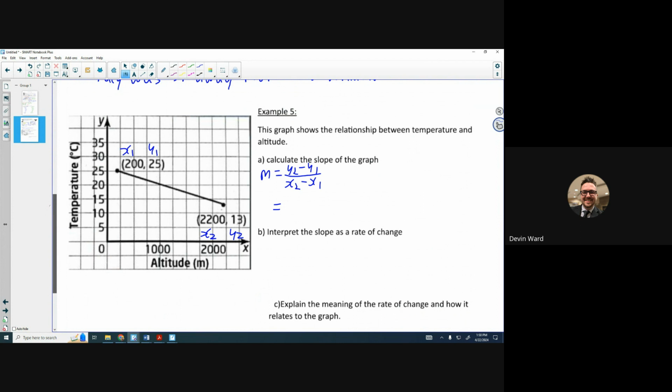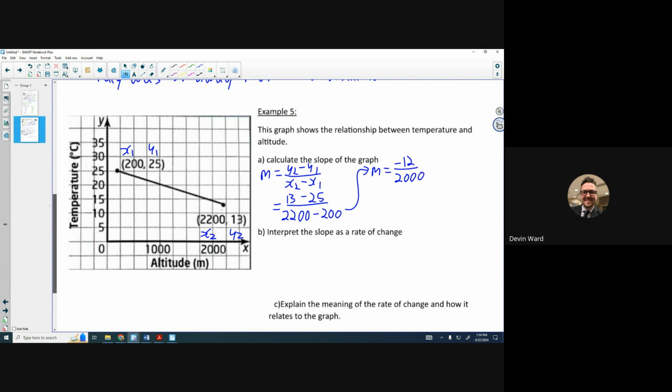Is equal to, my y2 is 13 minus 25, all over my x2 is 2,200 minus 200. Okay, 13 minus 25 is going to be negative 12 all over 2,000.